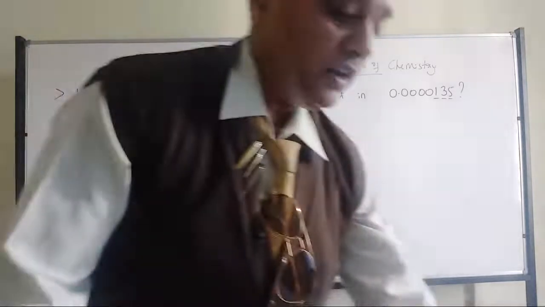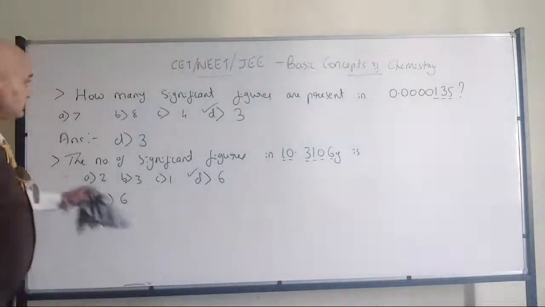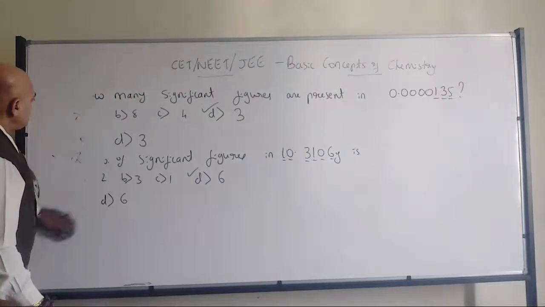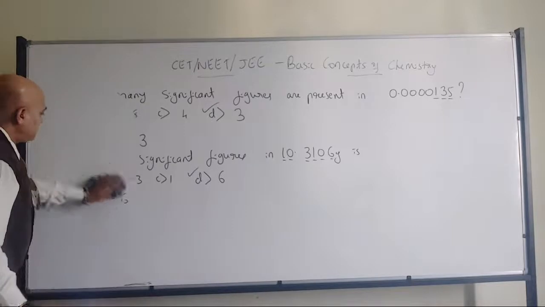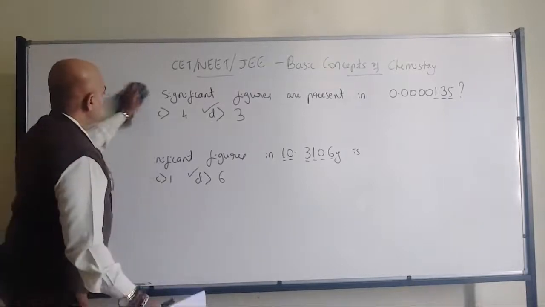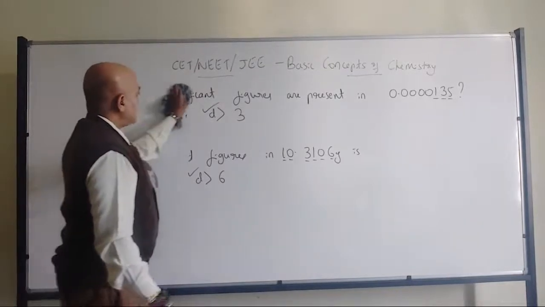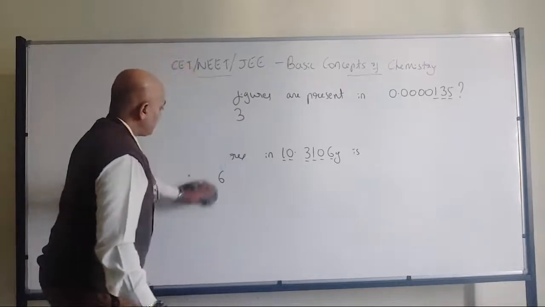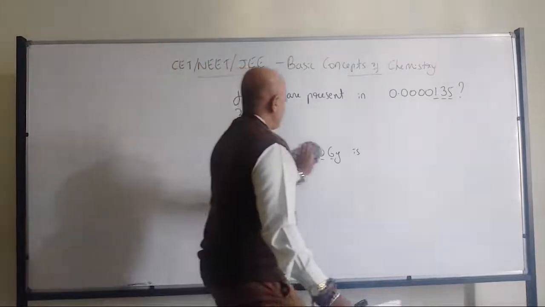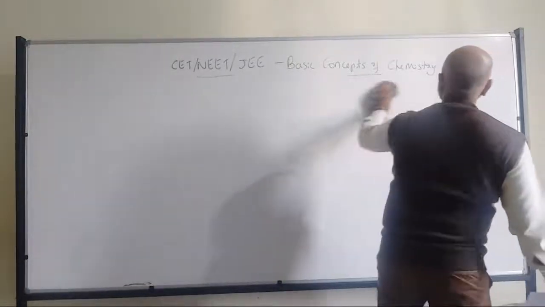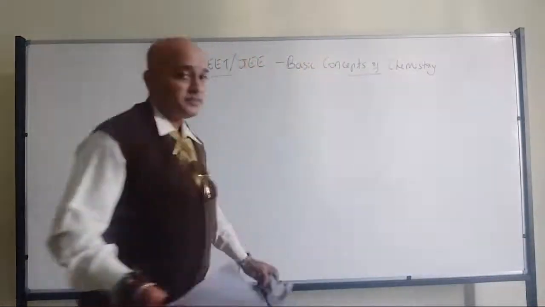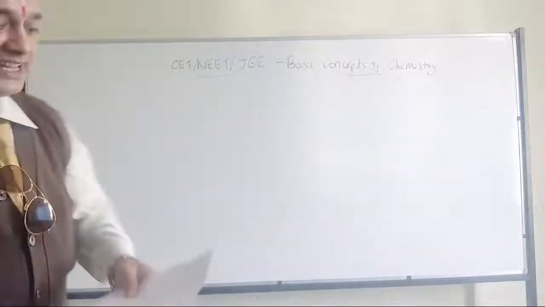So all of you have understood? Any doubts in this? Anyway, these things we have solved even for the board examination preparation, and this one is important for your board exam. For a 1 mark question you can expect something related to significant figures. Okay? So we will move to the next one.